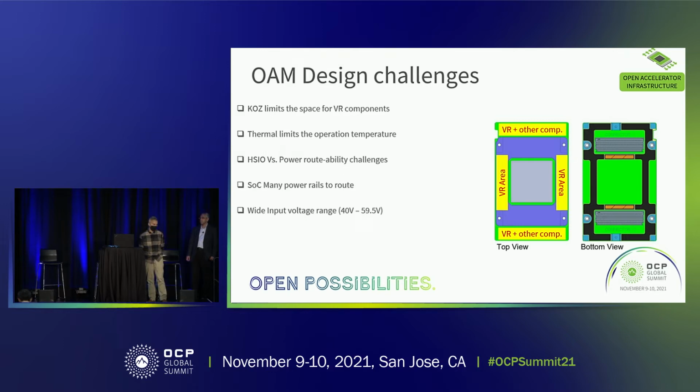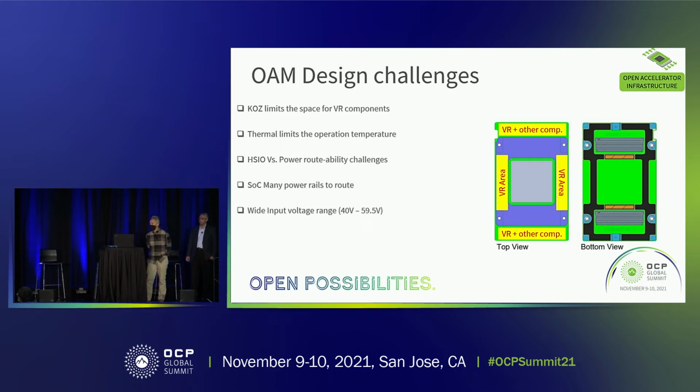We also heard a lot about SerDes and PAM4 and all of that. The high-speed I/O is using the same PCB space that the VR components are using. So we're sharing the same space, and that's a challenge. That's really hard for the PDN.